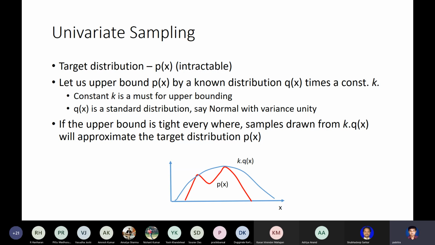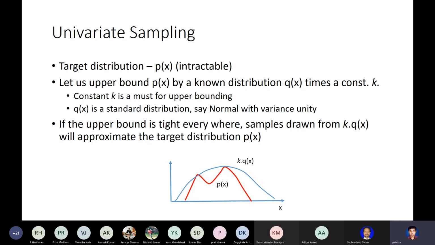Let's say q(x) is a standard normal distribution with unity variance. We choose a proper value of k and place the normal distribution in such a way that it encapsulates, or upper bounds, the target distribution p(x).